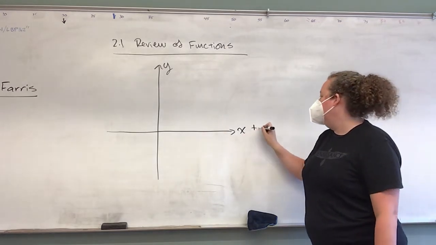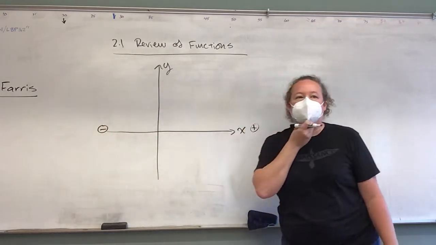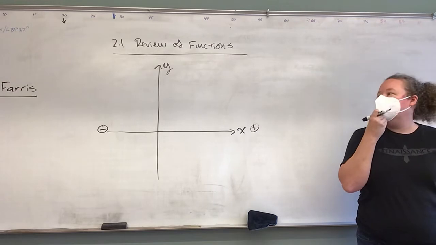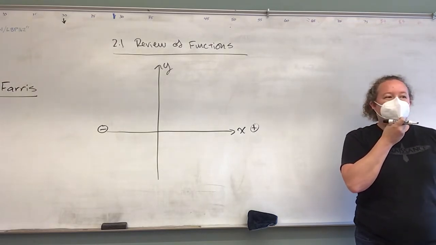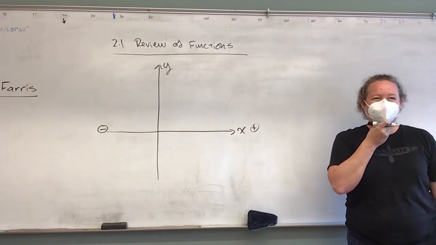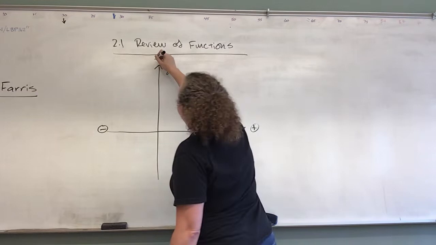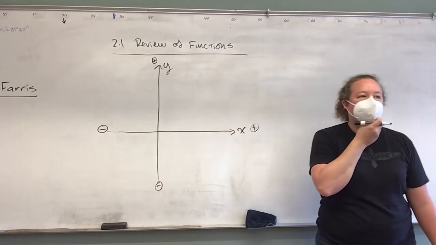In other words, this is the positive direction, and this is the negative direction. I think it's pretty intuitive, but who can tell me on the vertical or y-axis what is positive and what is negative? Up is positive and down is negative. That's right. Up is positive and down is negative, and I think that's pretty intuitive.